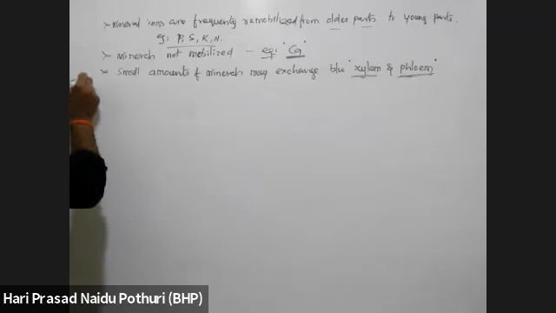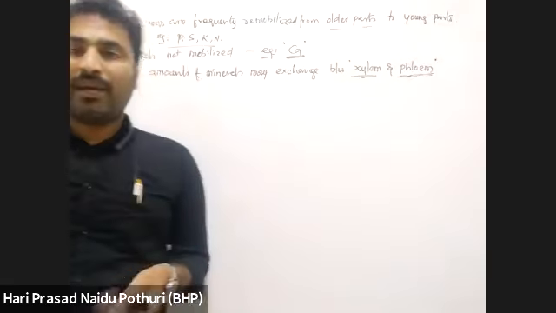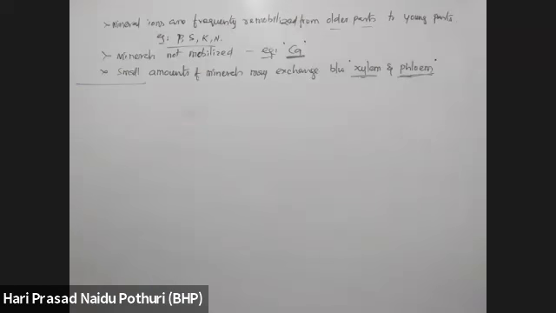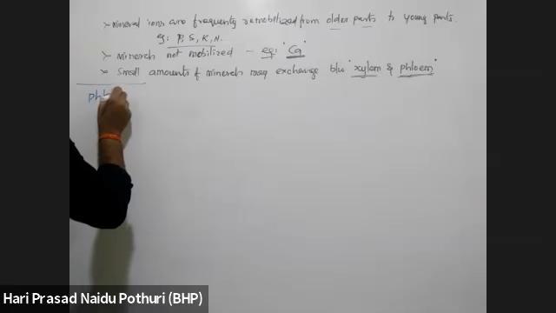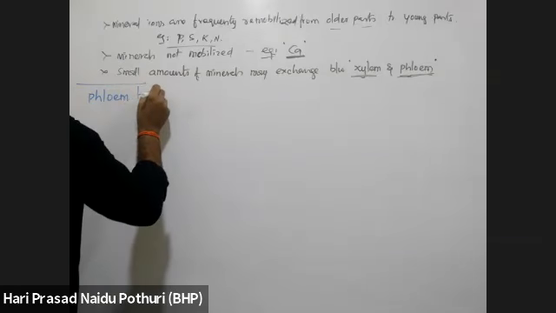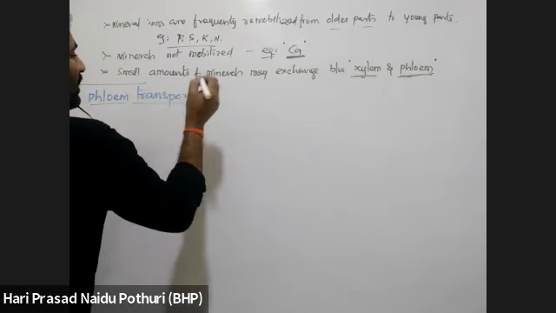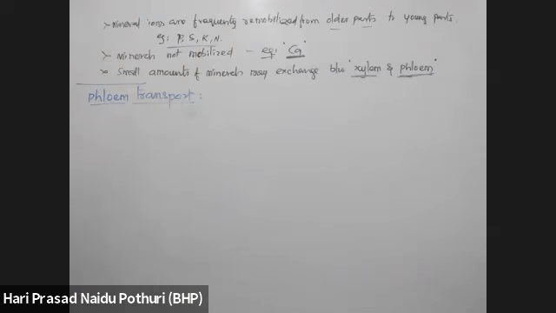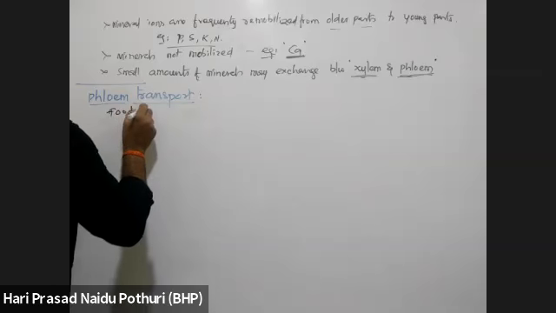Okay, this is about uptake of minerals and the transport of minerals by the tracheary elements. Then phloem transports. Phloem is also a component of this tracheary element. Food, particularly sugars, are transported.